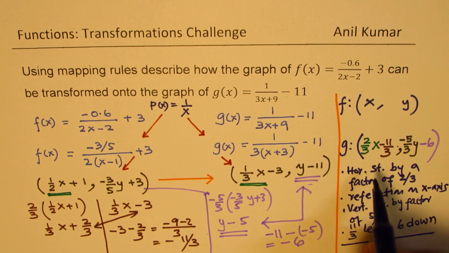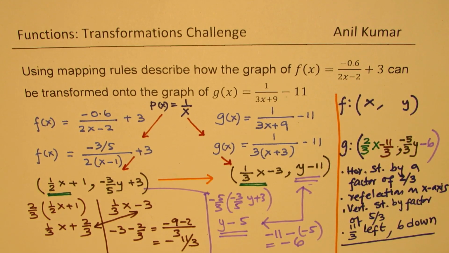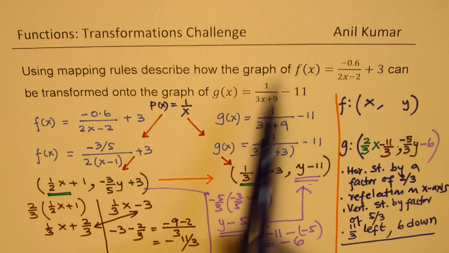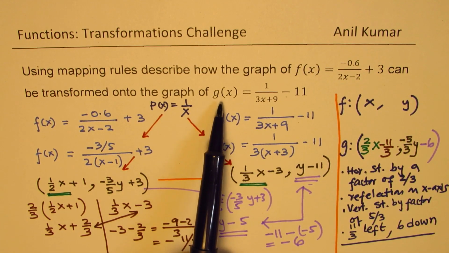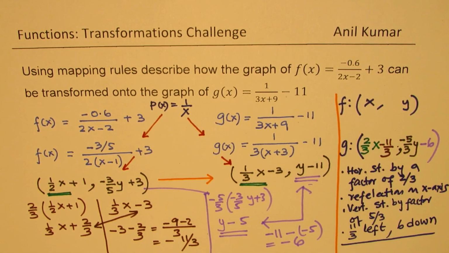So that becomes the transformations. That is how the function f of x will be transformed to yield g of x. Does that make sense to you? I hope that clearly explains how you could map and then write the transformations.